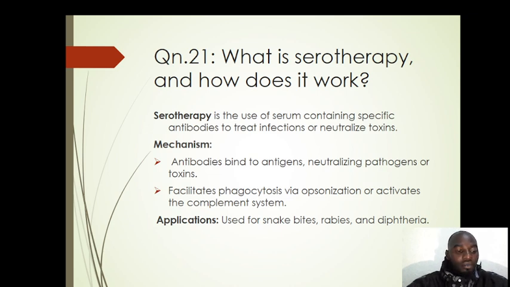Here, we take serum from people who have recently recovered from the disease or volunteers who have been immunized, and we use that serum to treat infections by neutralizing the toxins. By mechanism, the antibodies bind to antigens and neutralize pathogens. Then it facilitates phagocytosis via opsonization or activates the complement system.